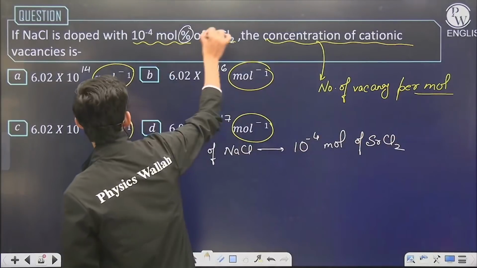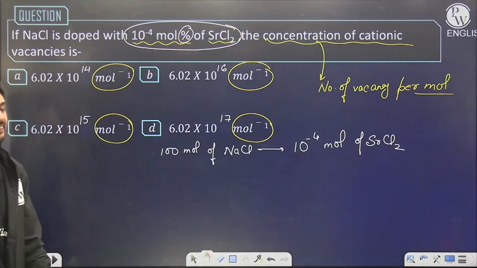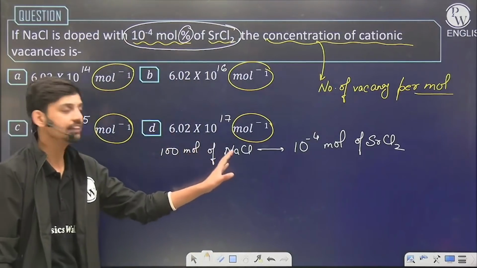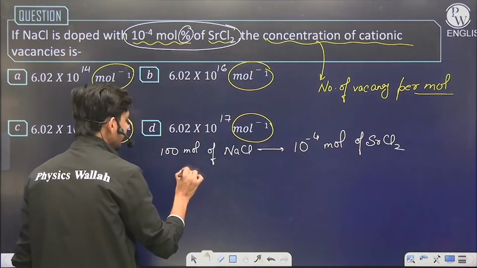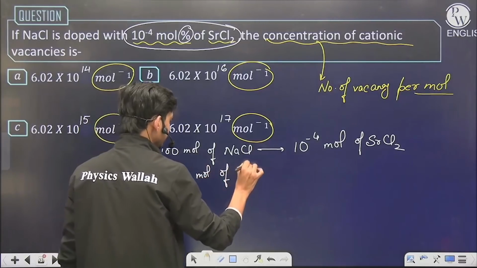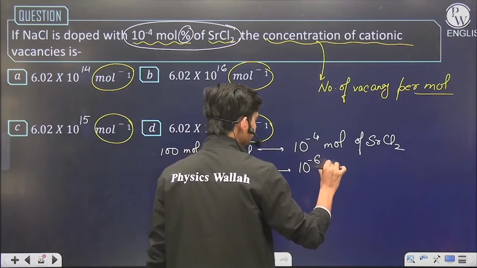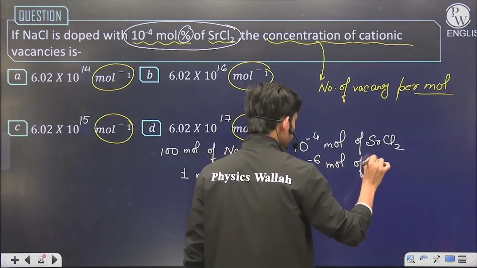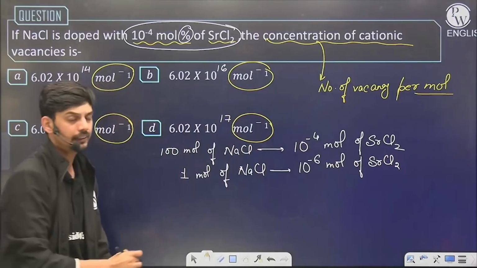If NaCl is doped with 10 to the power minus 4 mole percent, that means 100 moles of NaCl will have 10 to the power minus 4 mole of SrCl2. I can say that 1 mole of NaCl will have 10 to the power minus 6 mole of SrCl2. I have divided both sides by 100.